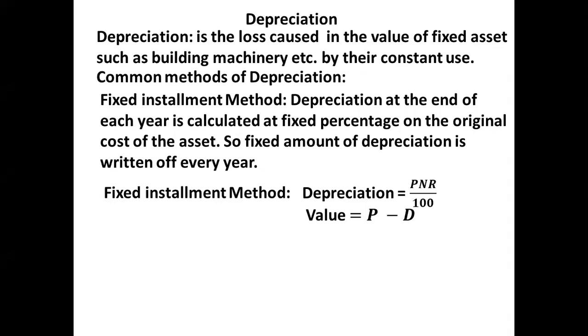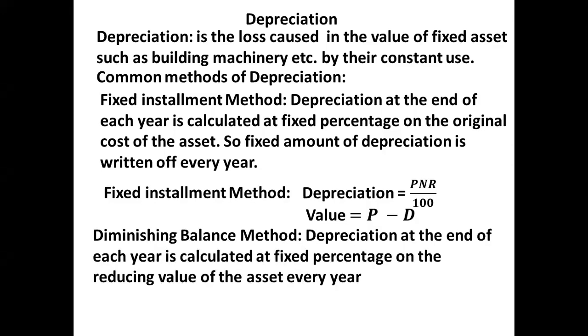And more problems will be asked on the second method, that is the diminishing balance method. Diminishing balance method of depreciation means depreciation at the end of each year is calculated at a fixed percentage on the reducing value of the asset every year, not on the original cost.